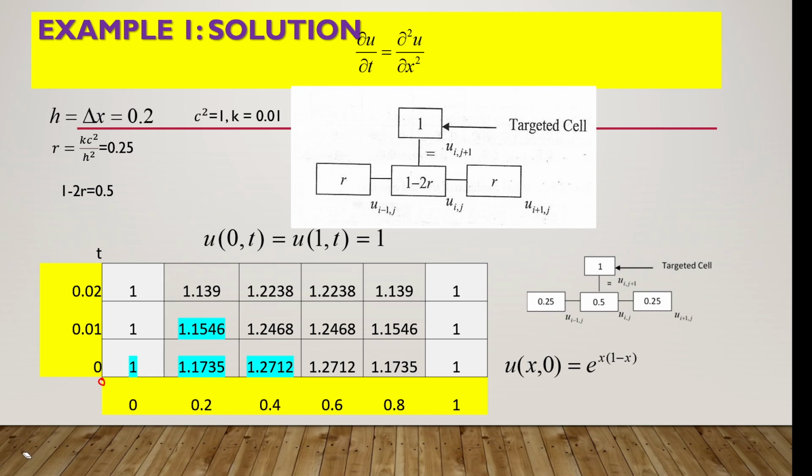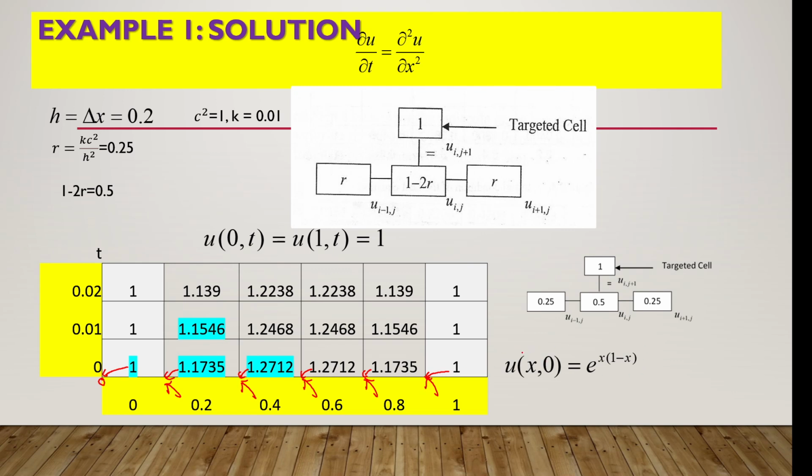Suppose this value is here, this one here, this one here. 0.2 is here, 0.4 is here, 0.6 is here, 0.8 is here, 0.1 is here.